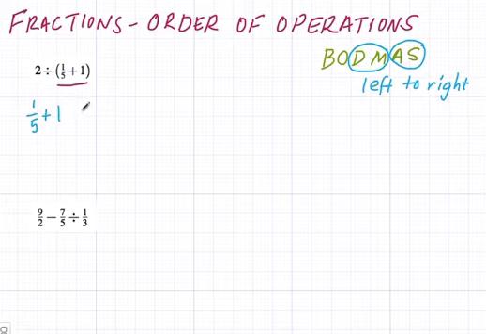Now we know from the work that you've done already with fractions that we'd need to have both of these fractions with a common denominator before we can add them. Now we've got 1/5. We know that we'd need to have a 5 as a denominator. But this is a whole number. Now remember, every whole number can be written as being over the top of 1. So this is 1 over 1. This is 1.